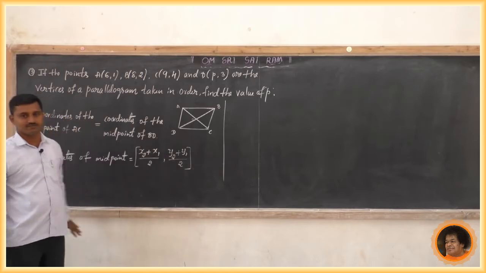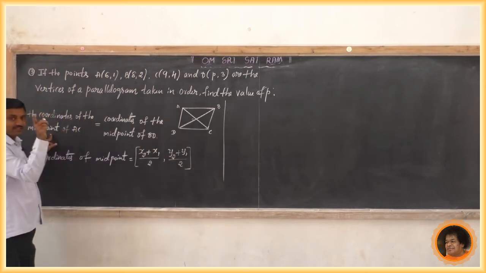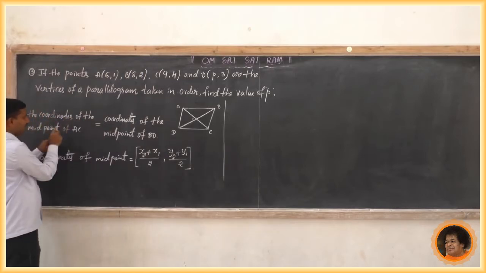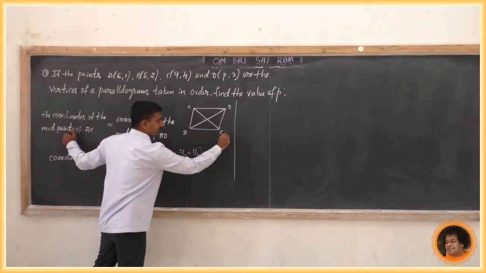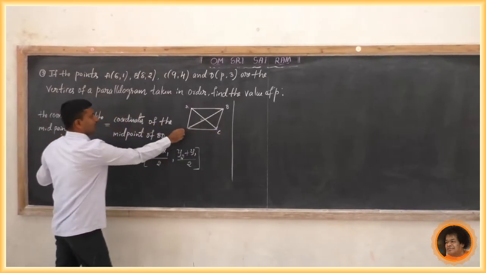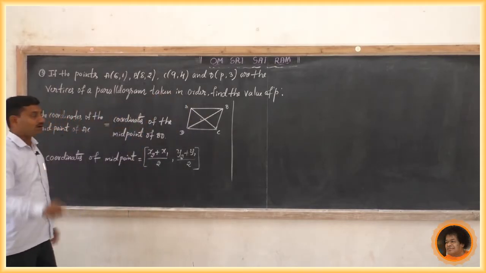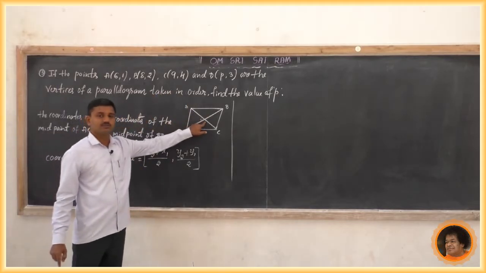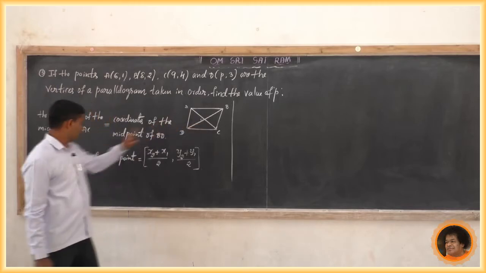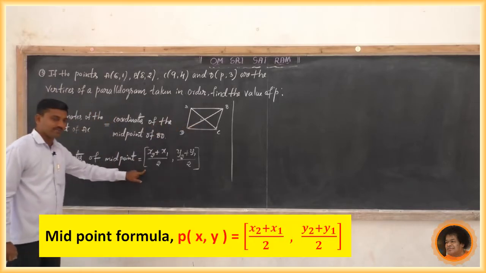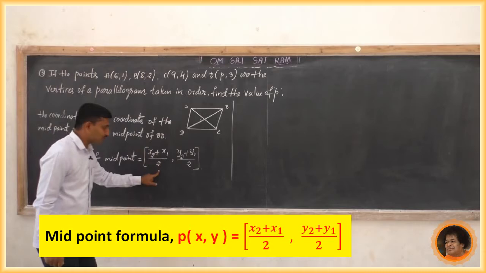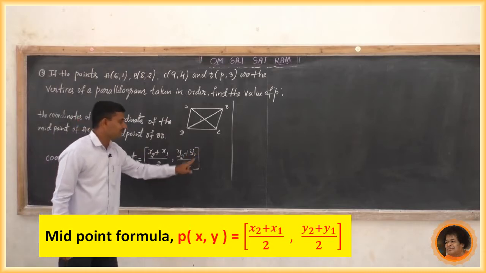So this is the condition. I think it is clear. How to find the coordinates of the midpoint? You know the midpoint formula: x2 plus x1 by 2, y2 plus y1 by 2.